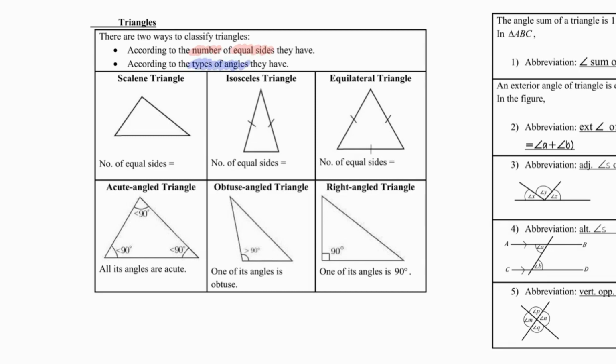So for number of equal sides: scalene, 0. Isosceles, 2. Equilateral, 1, 2, 3.